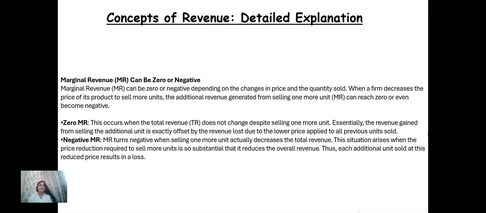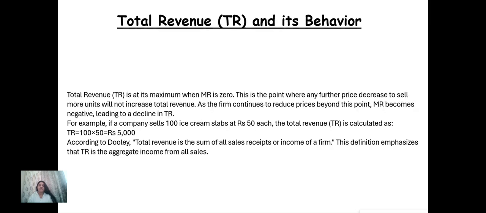Explanation with the help of data visualization. Next one is total revenue, TR, and its behavior. Total revenue, written as TR in short form, is at its maximum when MR is 0. As I told, MR is marginal revenue and TR is total revenue.